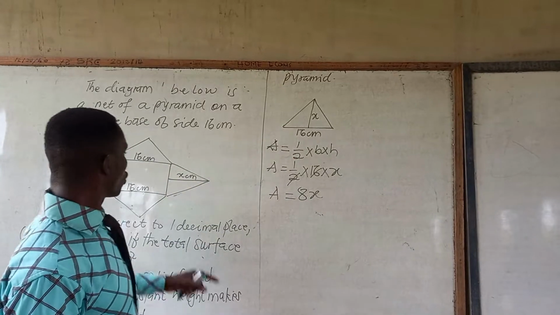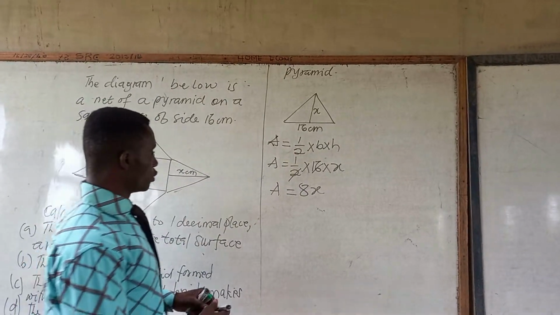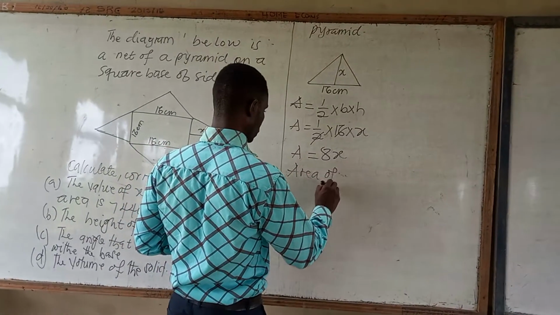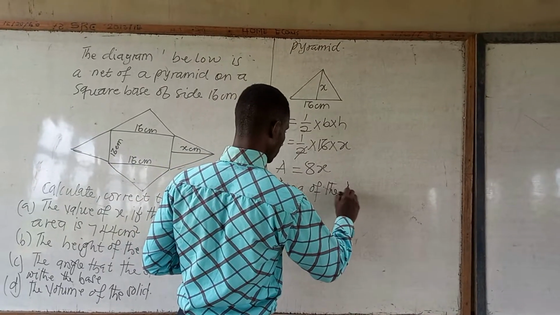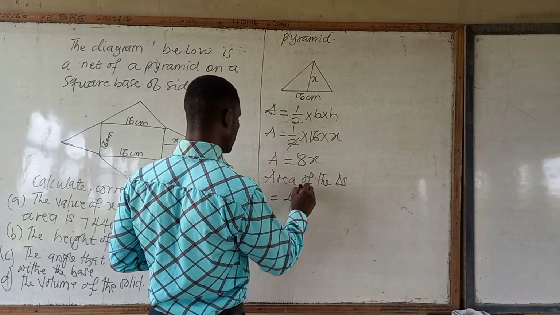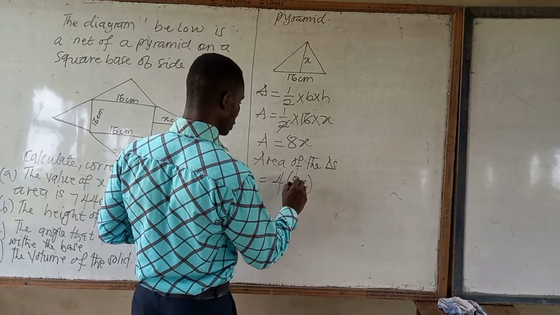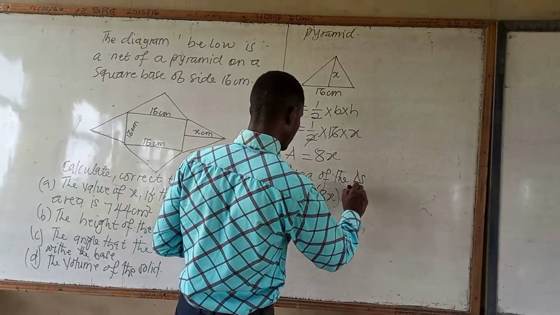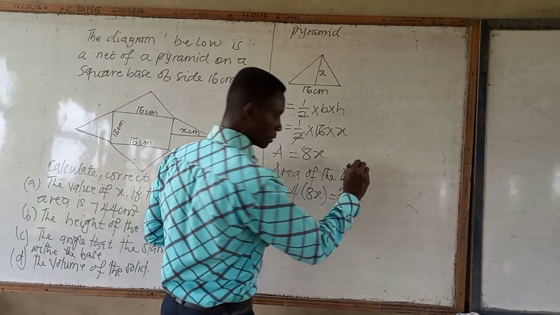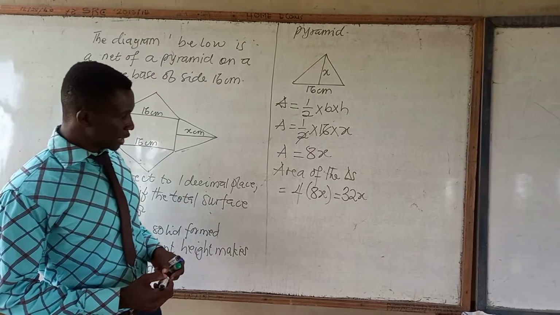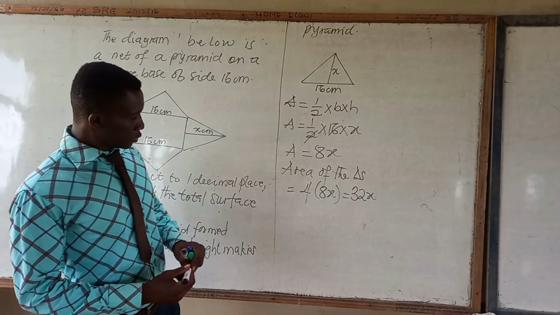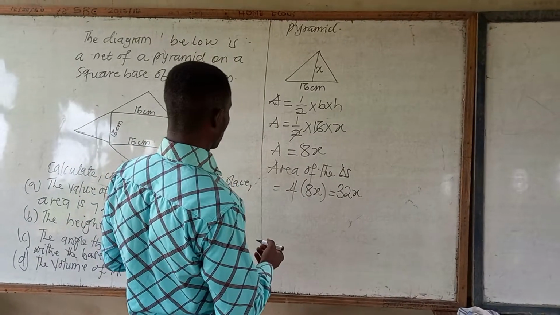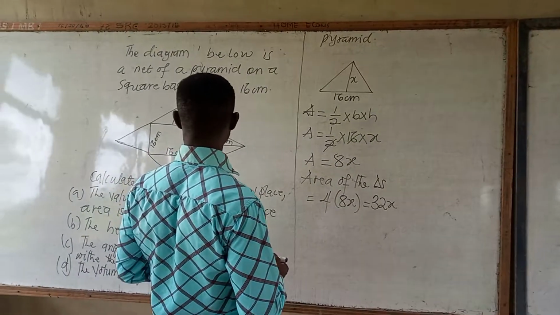The triangles are congruent, meaning that we have 4 of them here. So the area of the triangles is equal to 4 times 8x. 4 times 8 is 32, so we get 32x. Now, we are left with the area of the square.